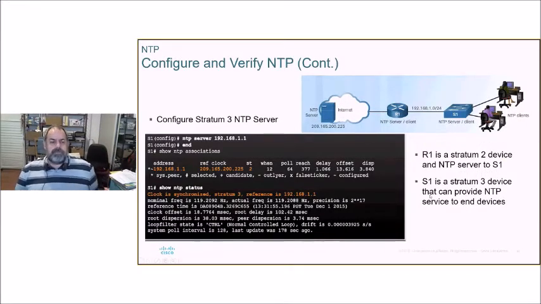So here basically we've got the NTP server 192.168.1.1, and so that's the server it's using, and its reference clock is from there, and so that's of course the upstream for this one.